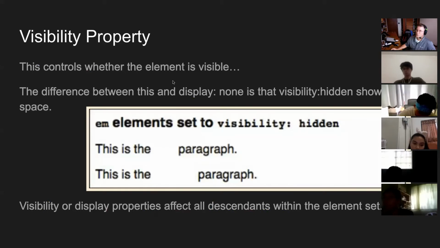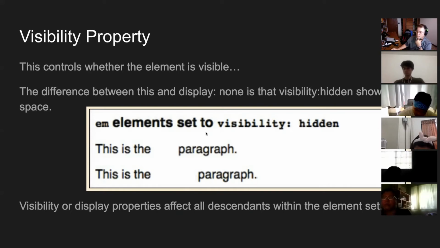Here is the visibility property. A visibility property is very similar. You can give it a value of hidden. And the difference between display none and visibility hidden is that visibility hidden will show the space, whereas display none removes the space.